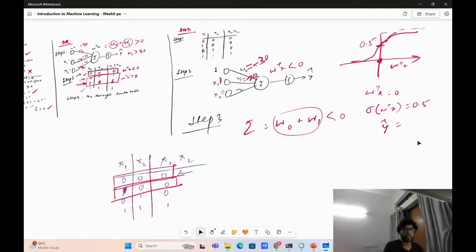So exactly equal to 0 is very rare in actual practical cases. If you get W transpose x equal to 0, the machine could forcibly make y hat equal to 0 or equal to 1. So you can take the less than condition, or otherwise you can take the greater than with the 0 value.